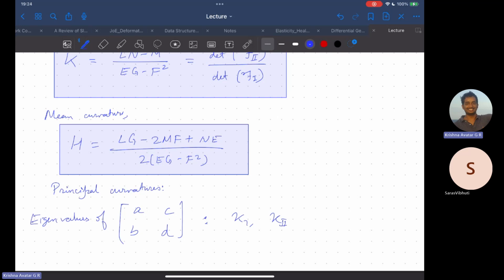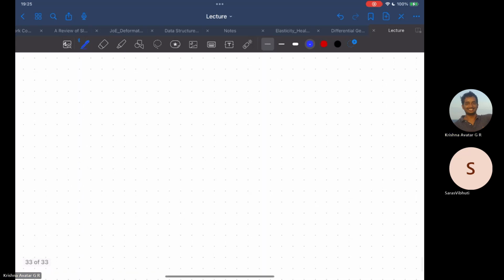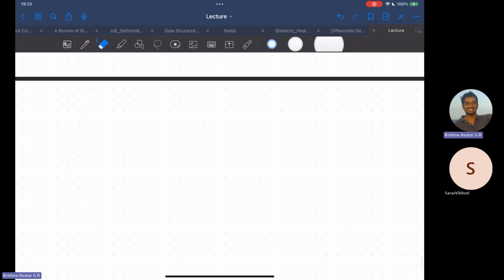We would be solving maybe 2 problems max and talking a bit about normal and geodesic curvatures. And after that, we would start in the next session. So what do we expect in the next session?